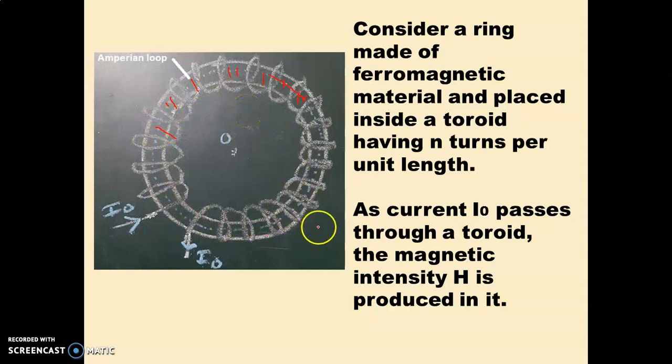As current I0 passes through the toroid, the magnetic intensity H, that is vector H, is produced due to this current flowing through the toroid.